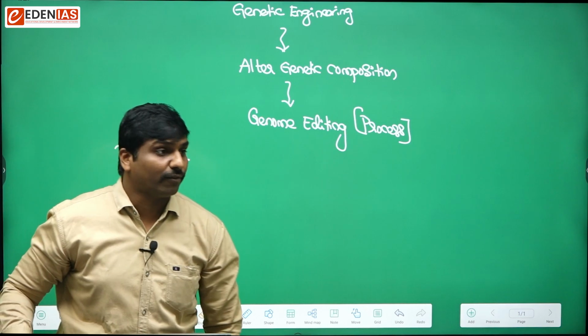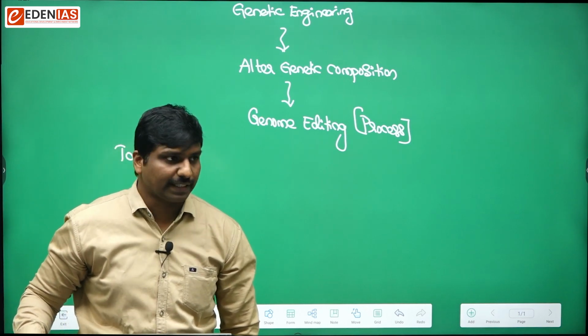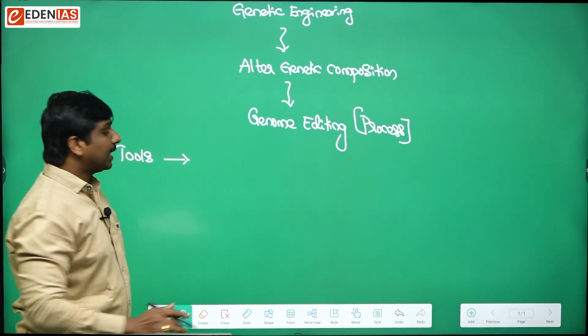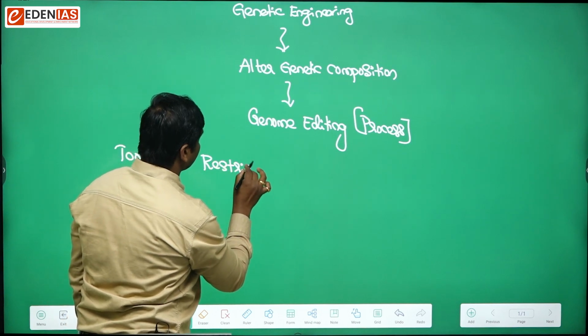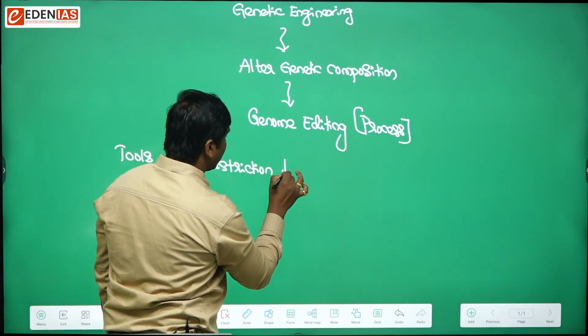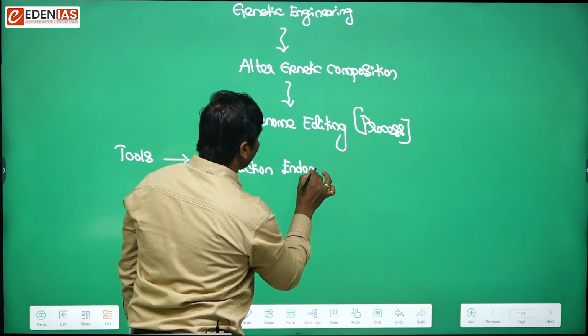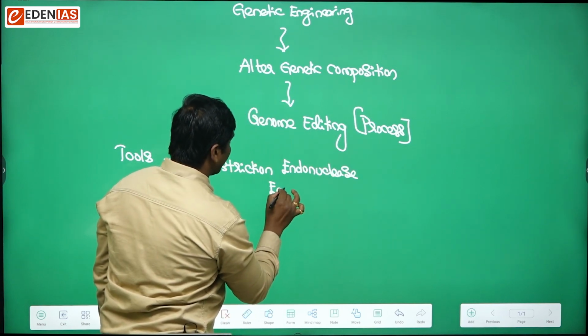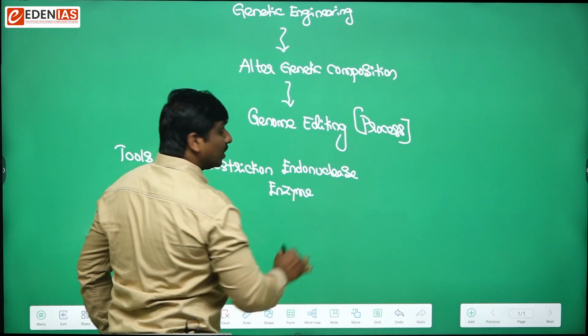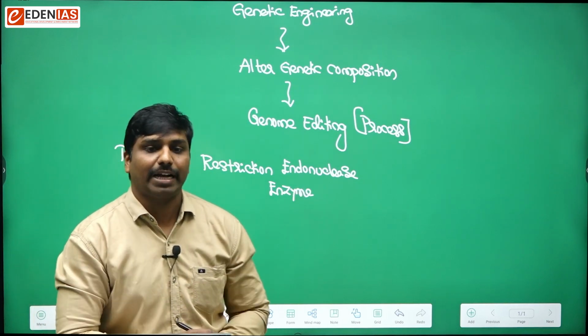First and foremost, we need certain enzymes called restriction endonuclease enzymes. This is one important tool that we require.